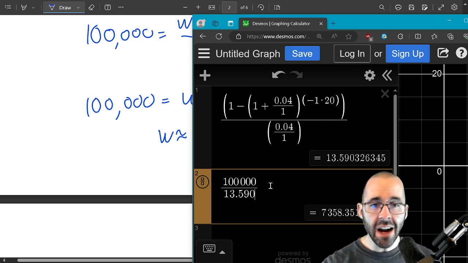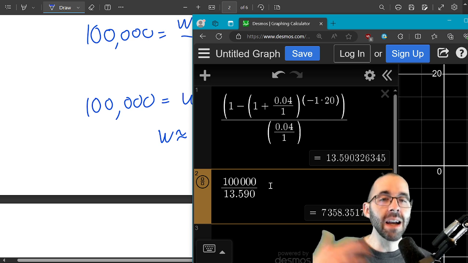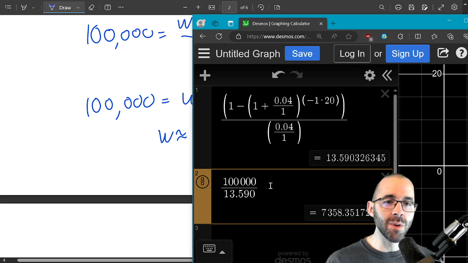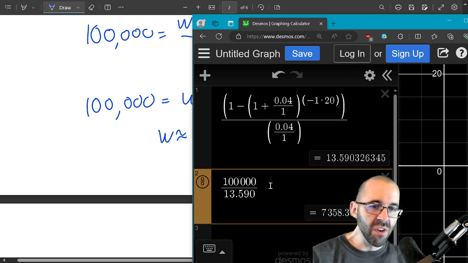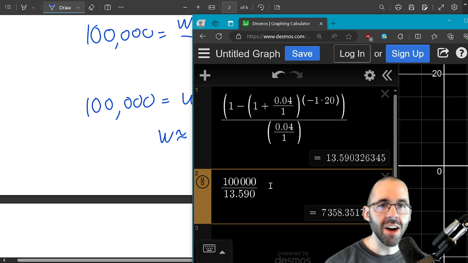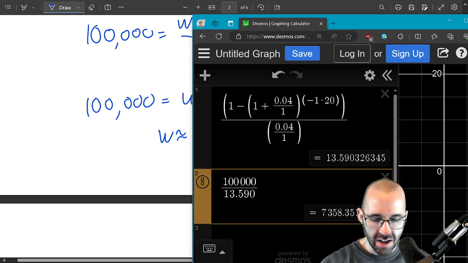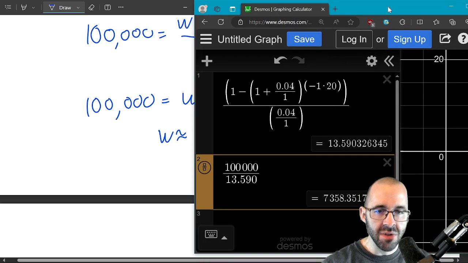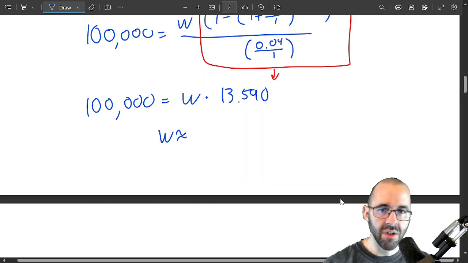We get not 5,000 a year because we're being able to profit off the interest that we're not using. So it's more than 5,000. It's actually 7,358.35, almost 50% more than we originally thought because we're investing it. So investing the money that we're not using means more money in the future.